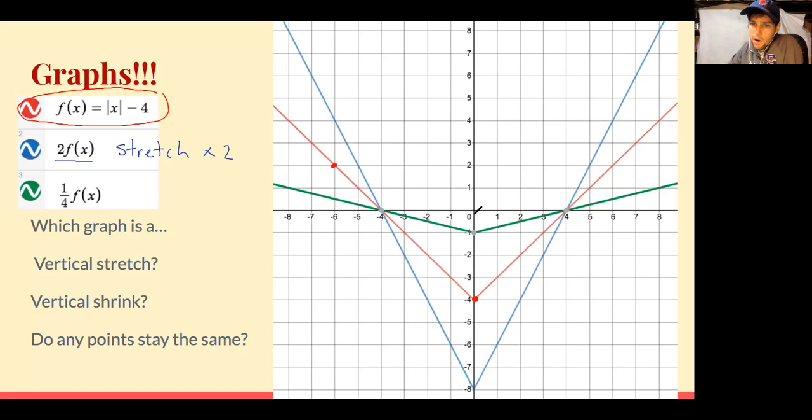Right now, our original function is 4 units away from the x-axis; this goes from 0 to -4. When we multiply by 2, we double that distance. So instead of 4 units away, we're 8 units away. That doubled the distance, hence multiplying by 2, stretching by 2.